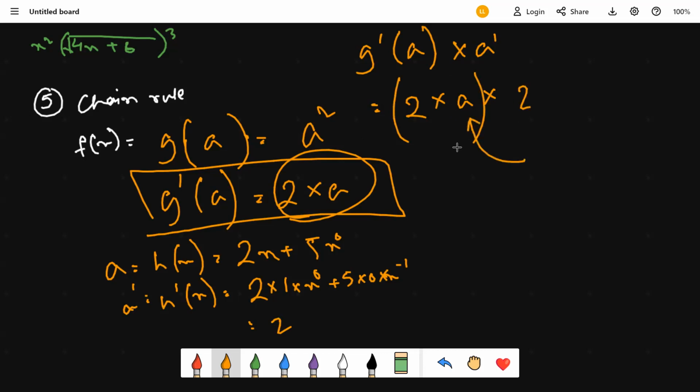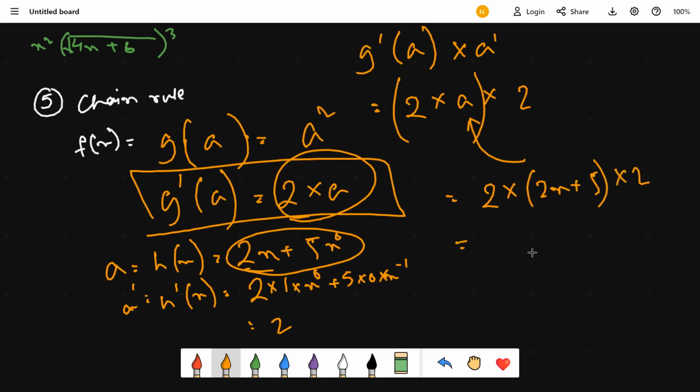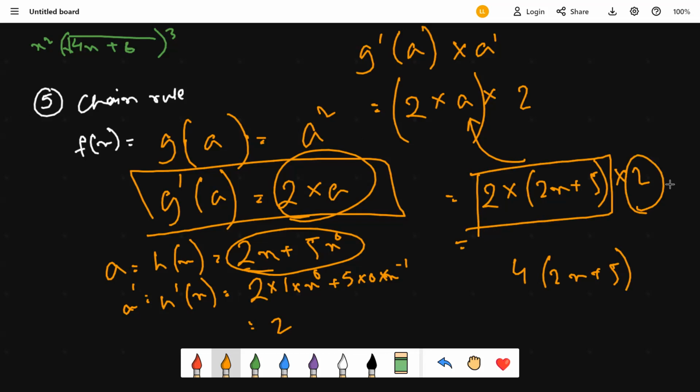Now substitute the value of a with its actual function, which gives us 2 times 2x plus 5, into 2. So that gives us a value of 4 times 2x plus 5. Now see, this was actually the g prime part, and this was h prime of x, if that makes sense.